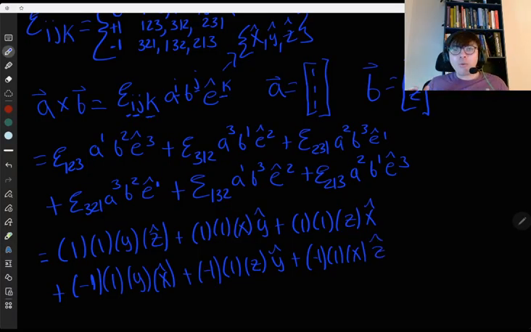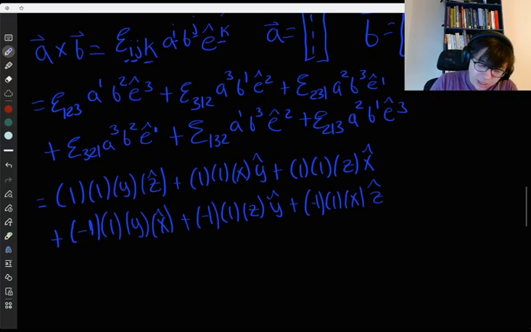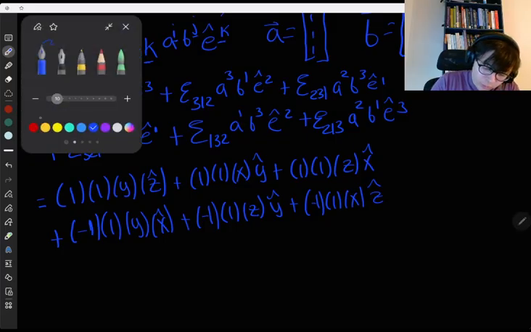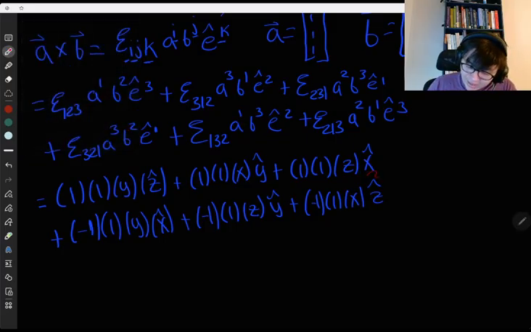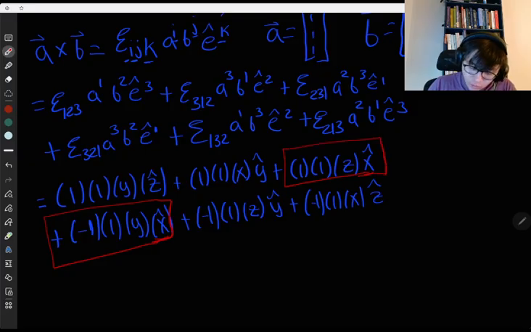Okay, now we can factor, right? Because we see that we have 2 y hats, 2 z hats, and 2 x hats. So if we factor, let's see what we get. So I'm going to focus on the x hats first. So it's this one and this one. If I factor out an x hat, I get z minus y x hat.